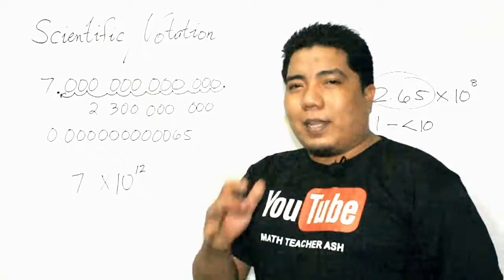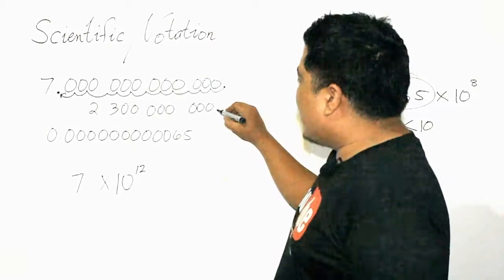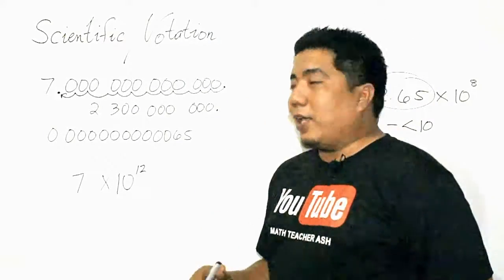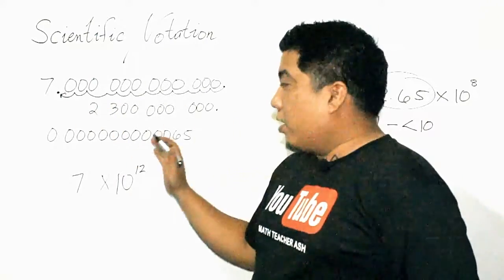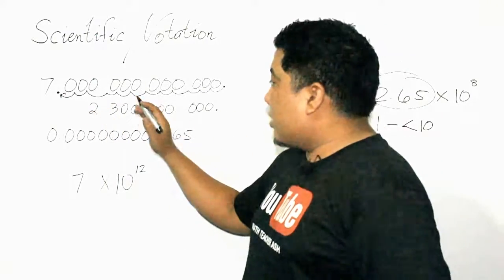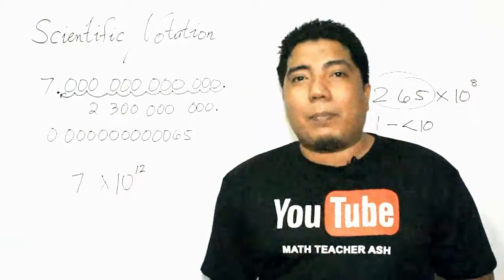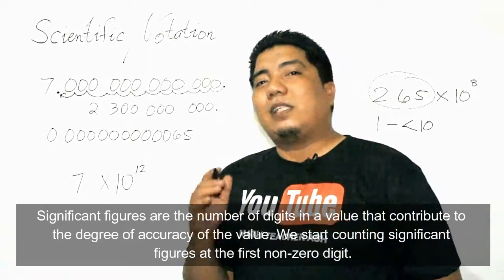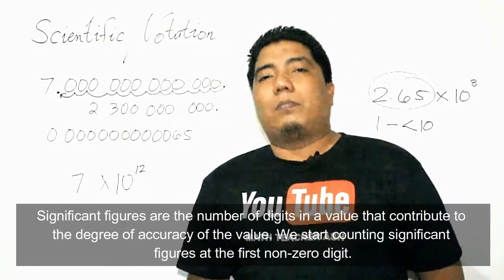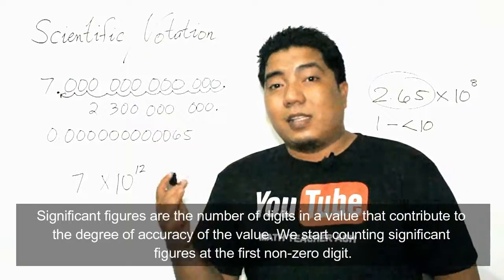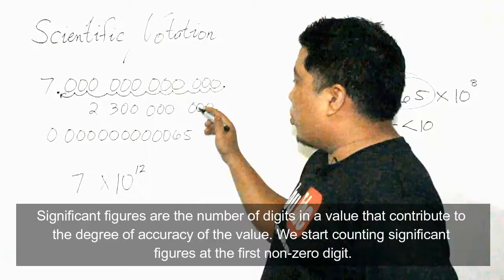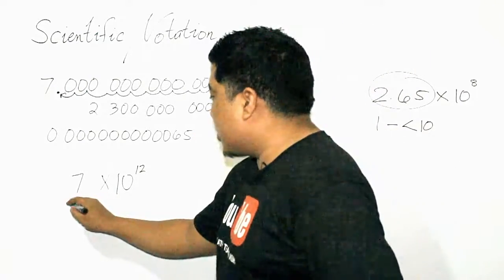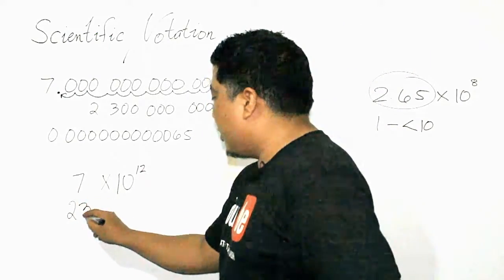So 2 billion and 300 million, the decimal point is still here, right? So the significant figures of this given number are the 2 and the 3. Remember that the significant value or the significant figures in a given number are basically the non-zeros. So that is 23.